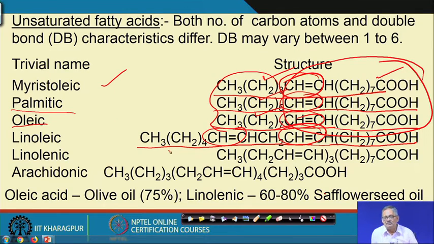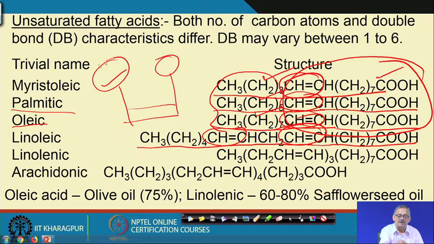The more double bonds there are in unsaturated fatty acids, the more reactive they are, because if oxidation occurs, oxygen can easily combine at the double bond. It can be taken up by one oxygen or another, or some other substituted product can come up.